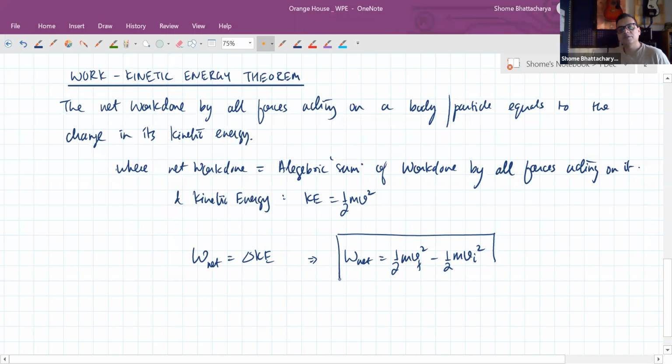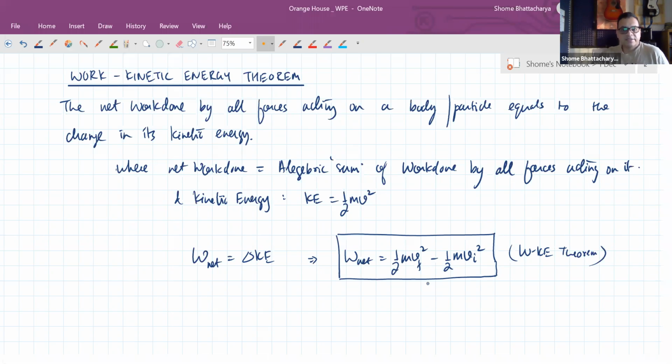So this is the statement of the work kinetic energy theorem. This is one of the two theorems that we are going to discuss, and for application of this theorem only we learn the concept of work done.